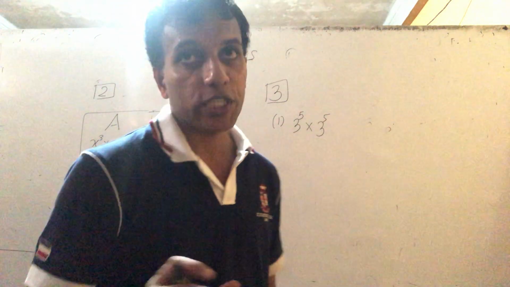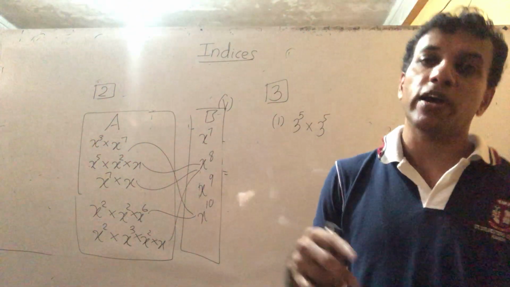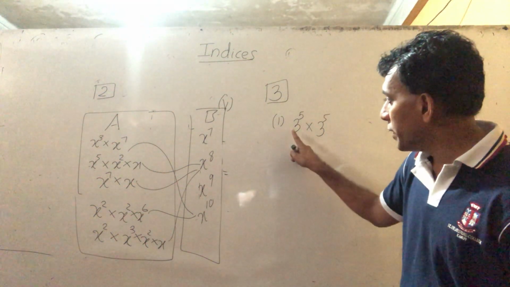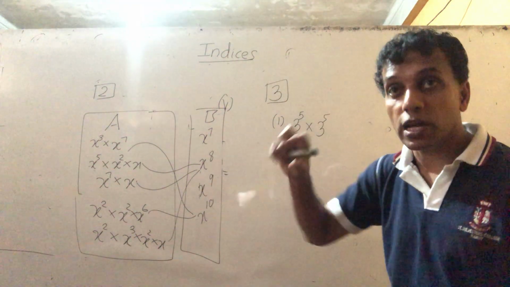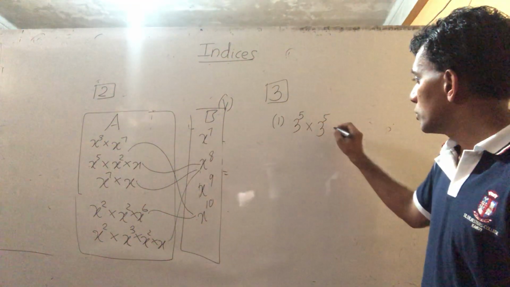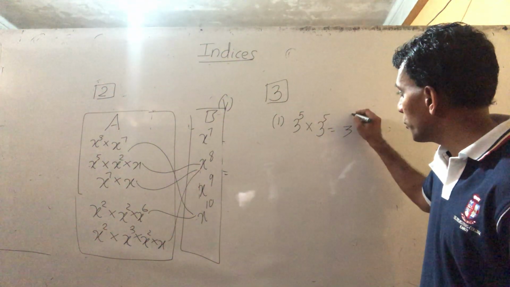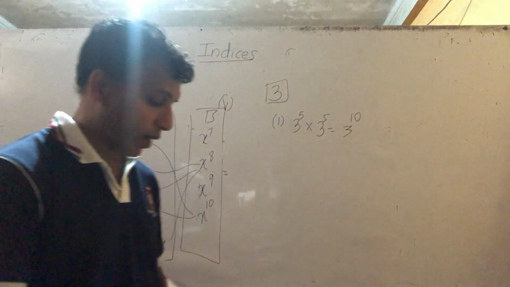To complete this problem there are two parts: first simplify and find the value. What is simplifying here? The bases are the same, so when multiplying, add the powers. 3 to the power 5 and 5 is 10. 3 to the power 10, they mention the big value.